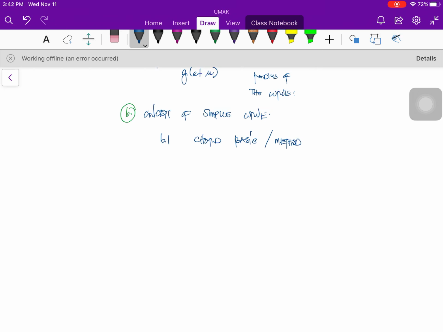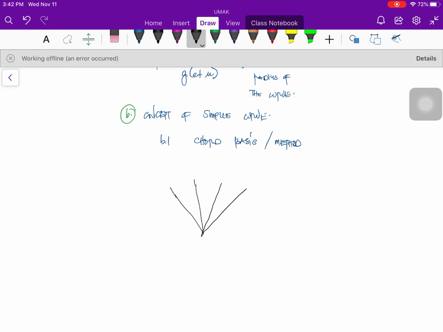So for the engineers, when you have a simple curve, the engineers will likely connect the radii by using chords instead of radii, using chord.